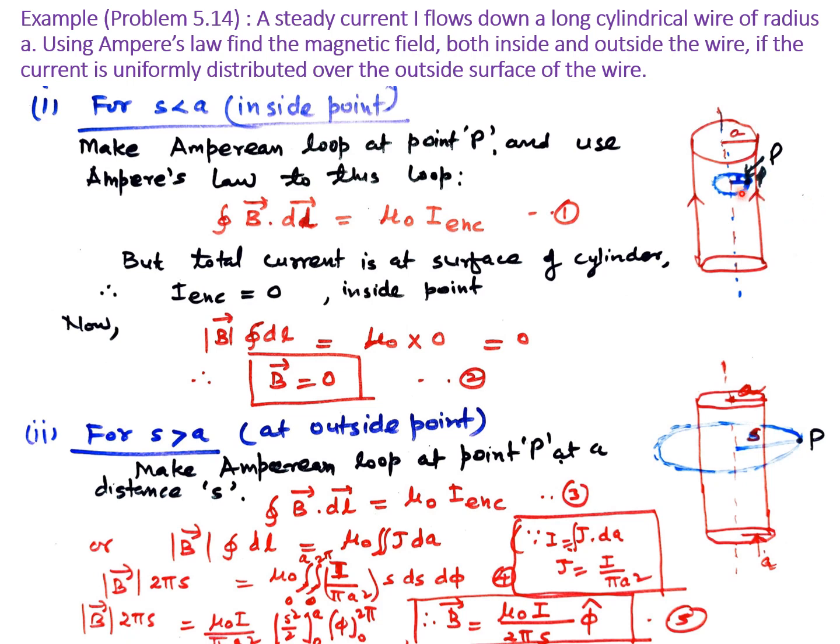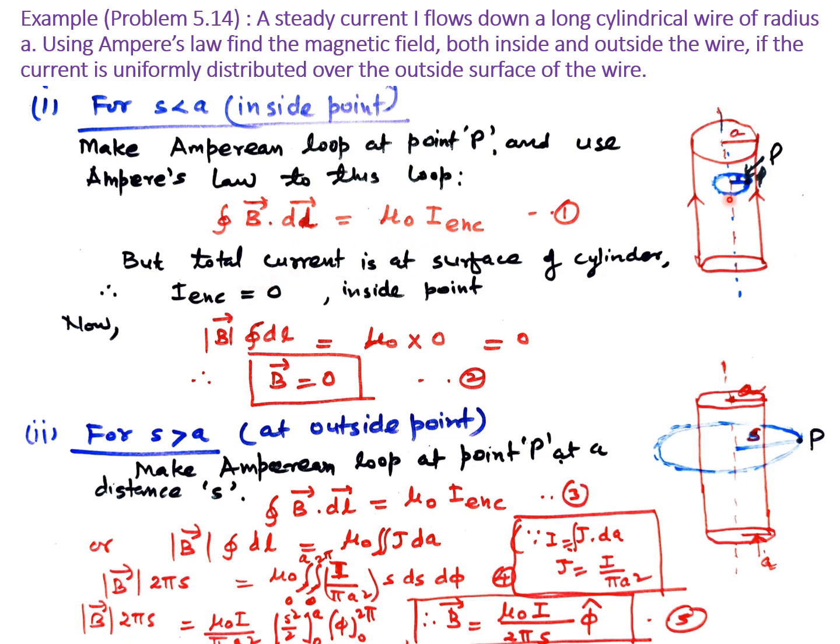So first, if we want to get the magnetic field at inner point P, we'll have to make an Amperian loop here at point P at distance s from its center. So at s distance we will use this Amperian loop, and now use Ampere's law, the line integral of B dot dl equal to mu naught into I enclosed.